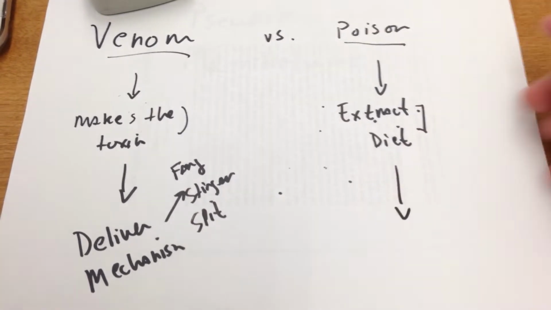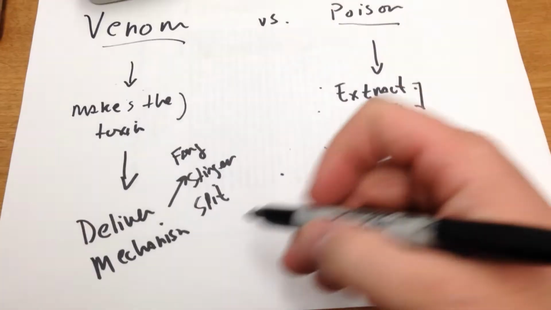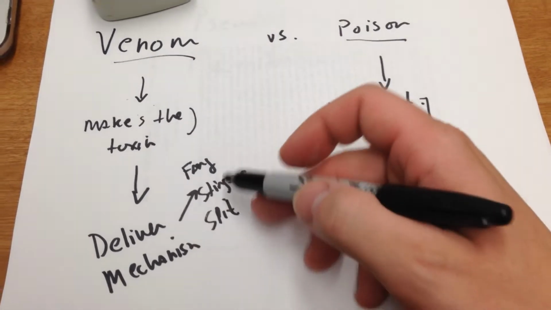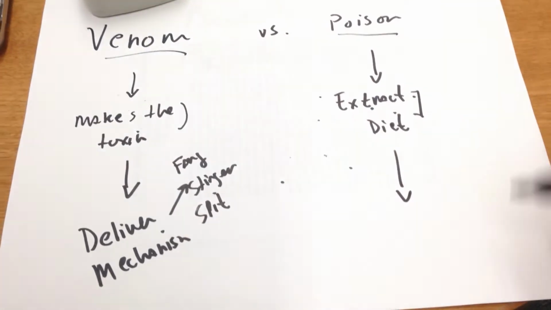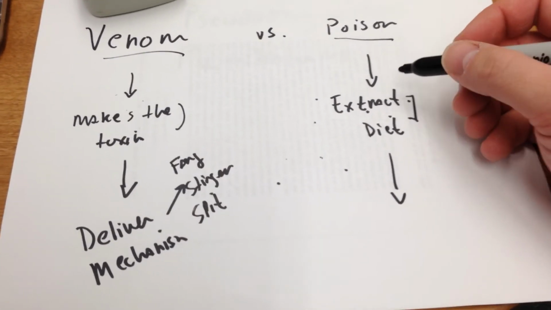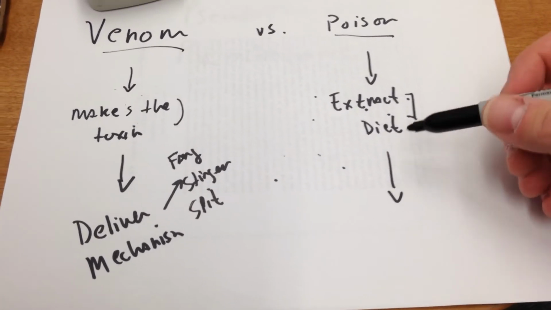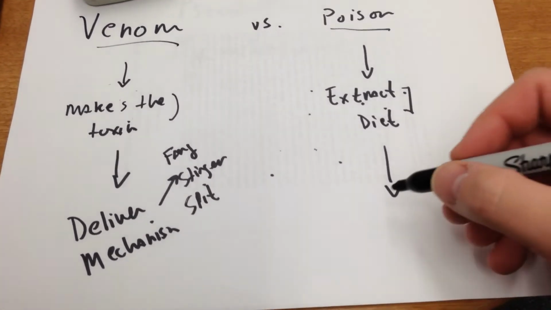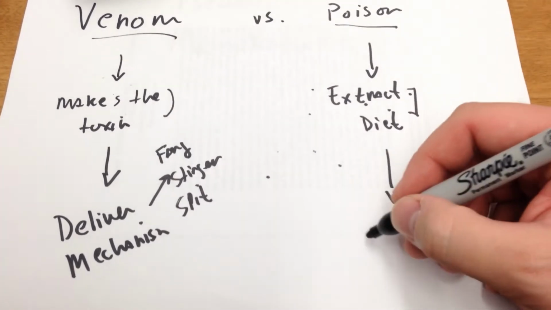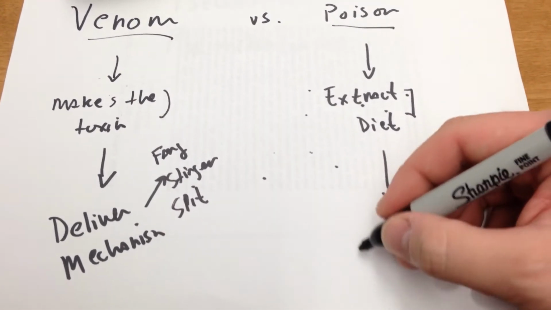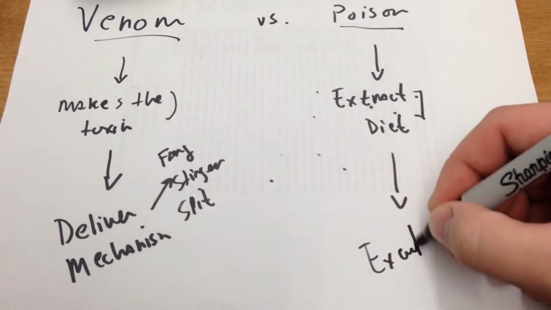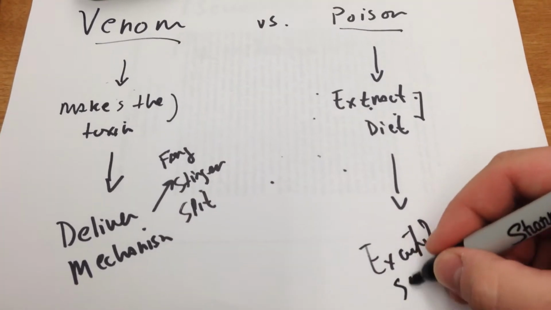The other major thing is that they don't have the delivery mechanism that a venomous creature would have. Frogs don't have stingers. They don't spit. They don't bite. They have no way of delivering their poison other than that it's just excreted onto their skin.